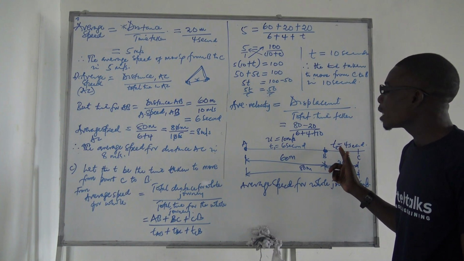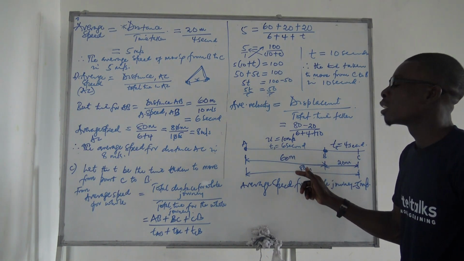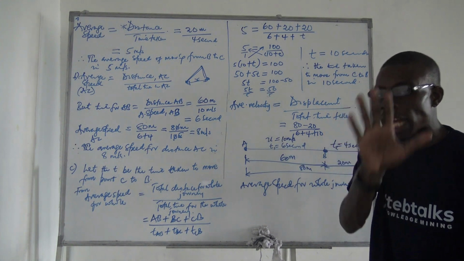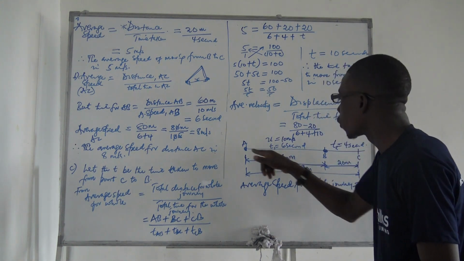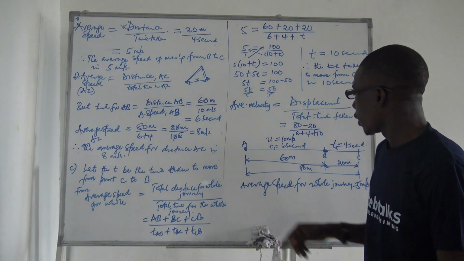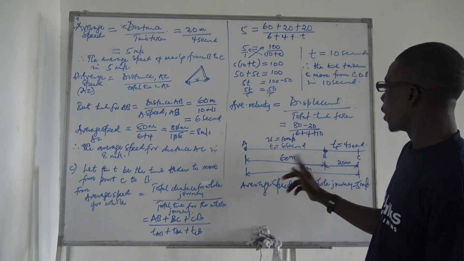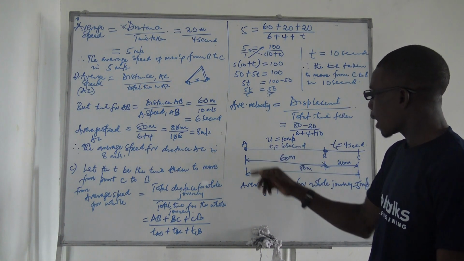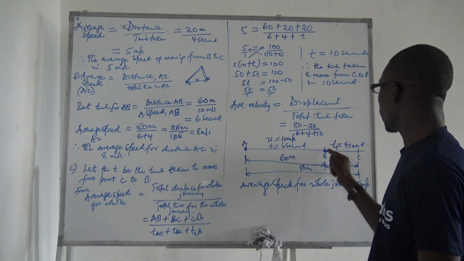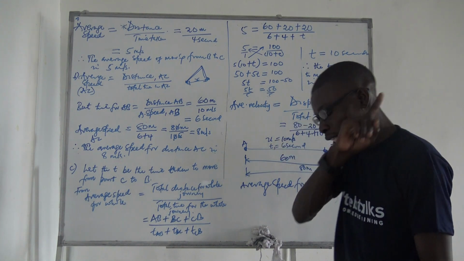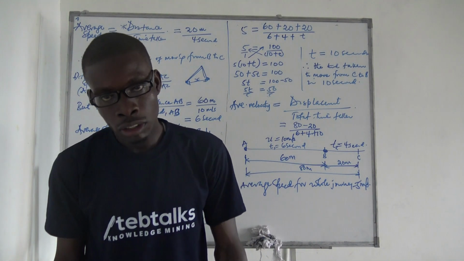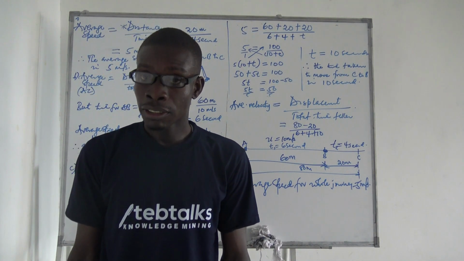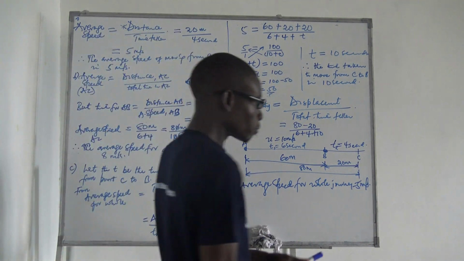So to come up with this, we used this and that. The time should be the whole time, not just this. The time to come up with 60, we first went to the other side and then came back. Therefore, the time remains the total time. Clear? The time remains the total time.